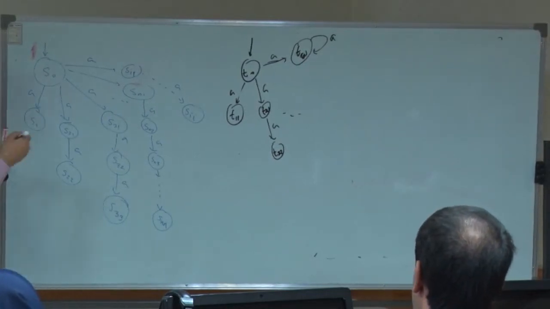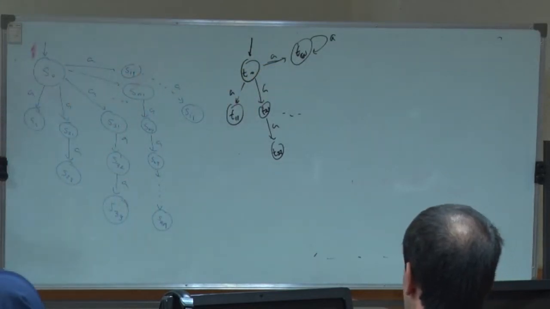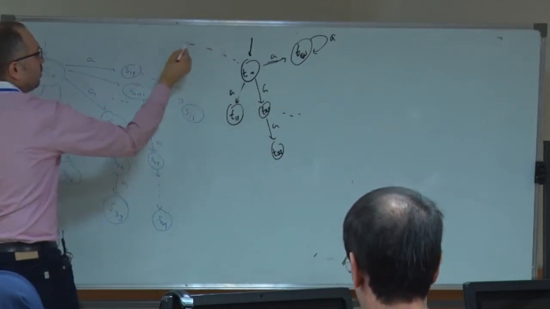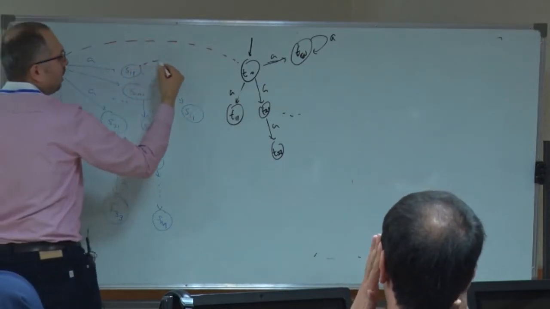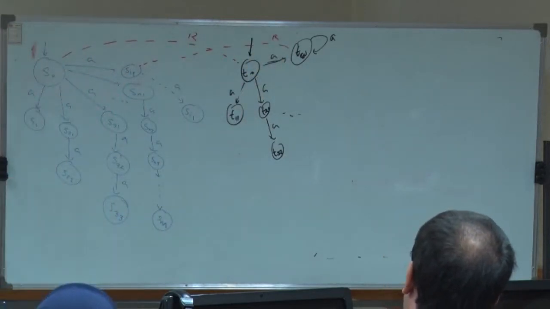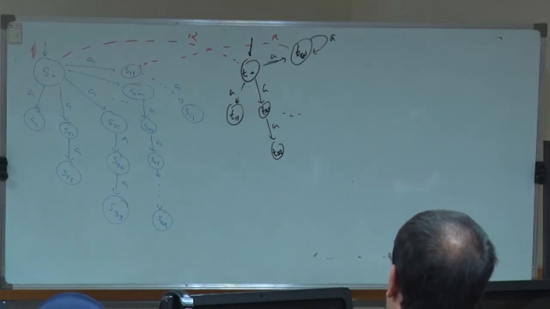That's your argument. So the target of this one should be related to S_i1, right? Assume that these two were bisimilar, then the targets should be related, namely these two should also be bisimilar, right? But the left system can take at most i A's, while the right system can take more.